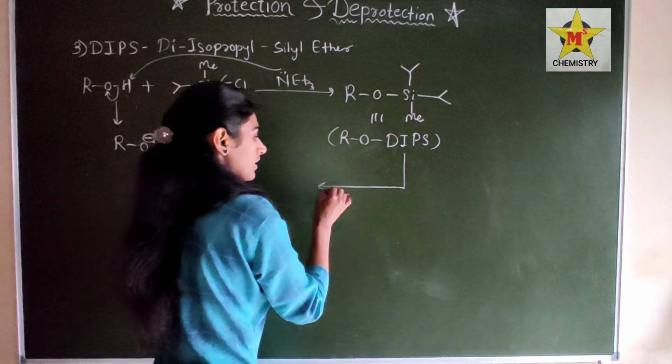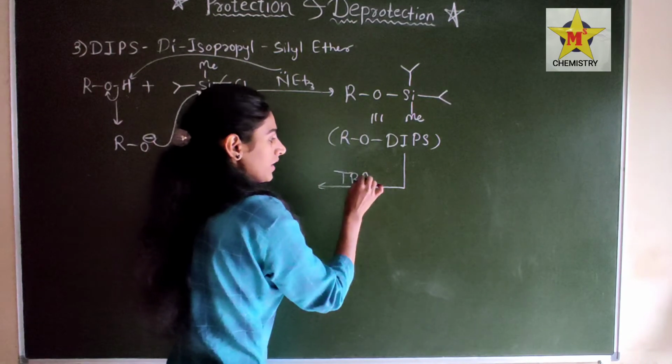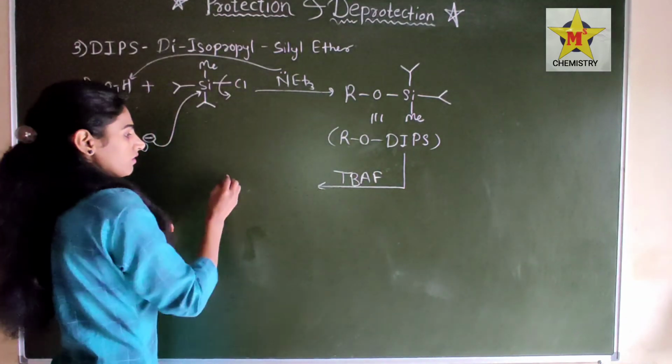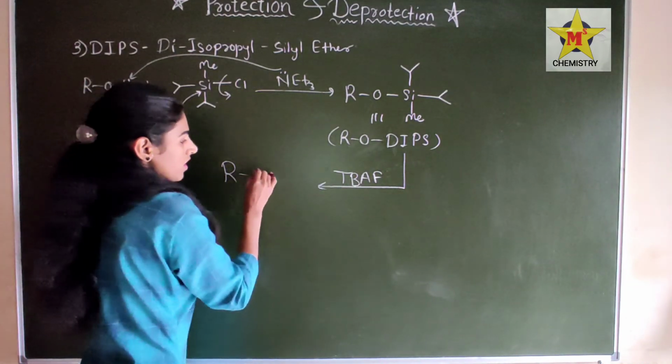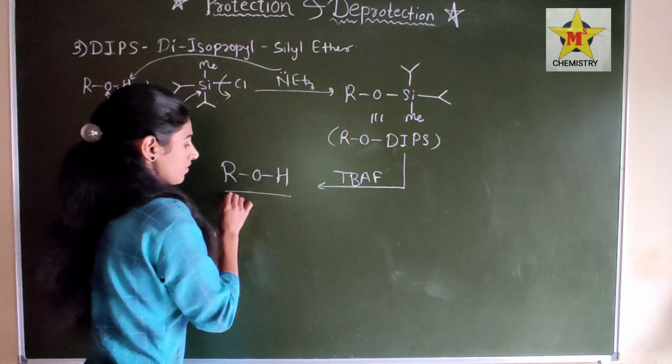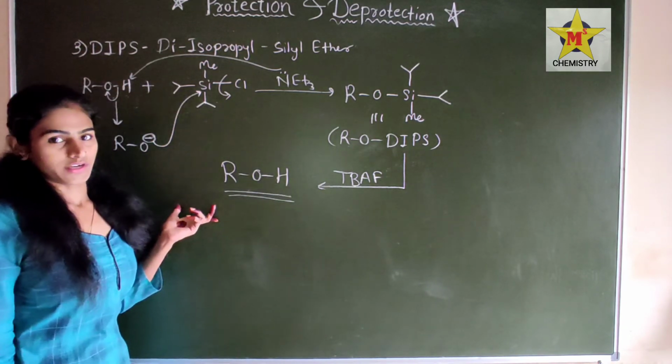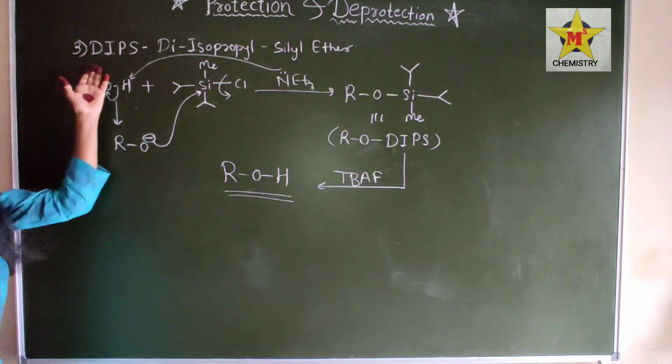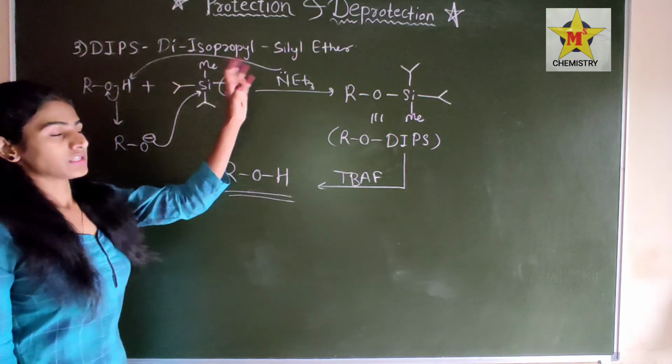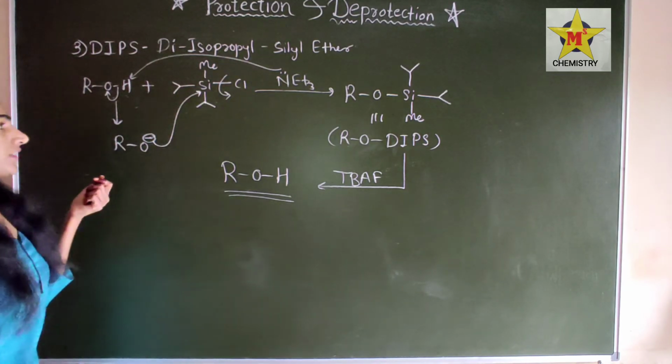For deprotection again we can use TBAF, and we get the alcohol functional group as deprotected. Okay, in this way DIPS, diisopropyl silyl ether protection is also completed.